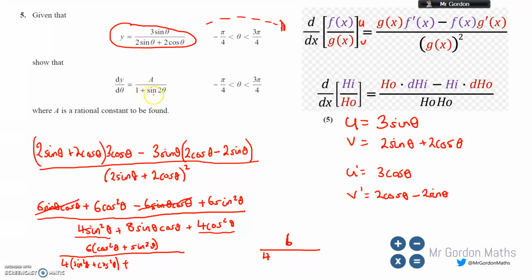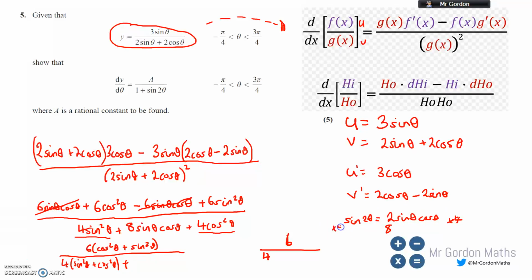I'm trying to get sine 2 theta, and I know my double angle formula, which we all should know. Sine 2 theta is the same as 2 sine theta cos theta, but I have got 8 of these. I've got 8. So we need to times by 4 both sides.